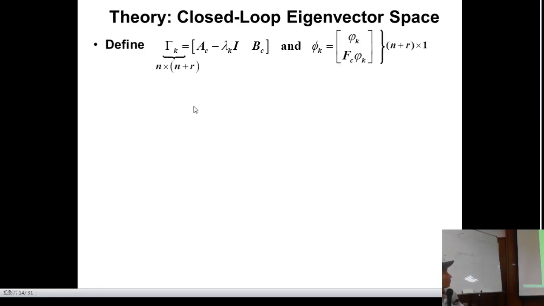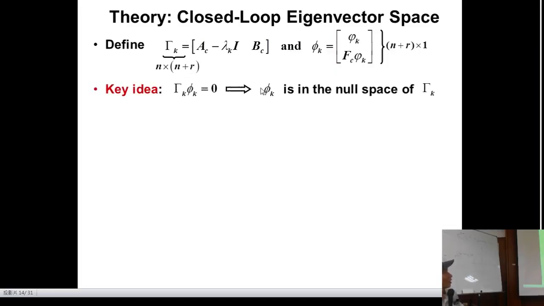Gamma k is N by N plus R, where R is the number of inputs. So if R equals 1, only one input, it means N by N plus 1. So I have one column more. If I have 2 inputs, I have 2 columns more. 3 inputs, 3 columns more.